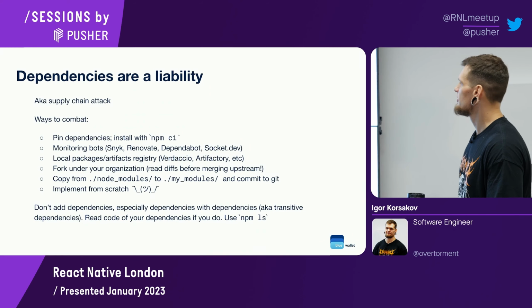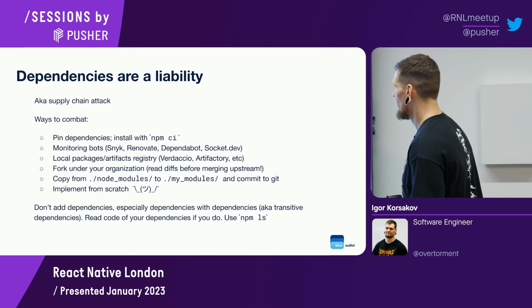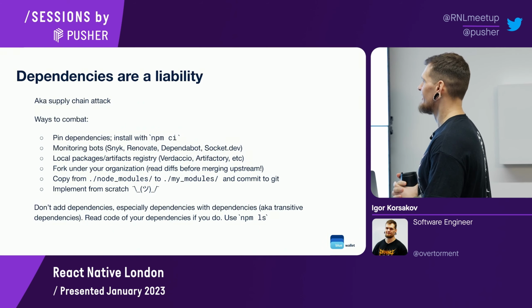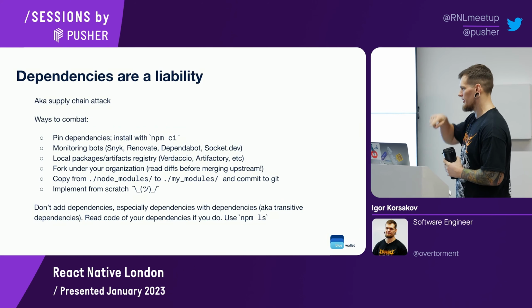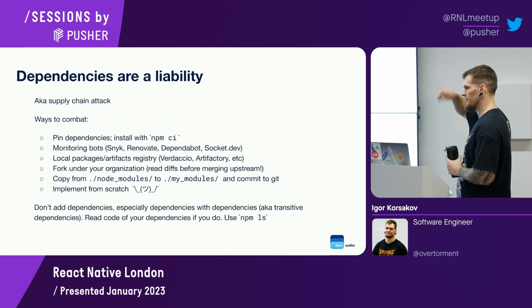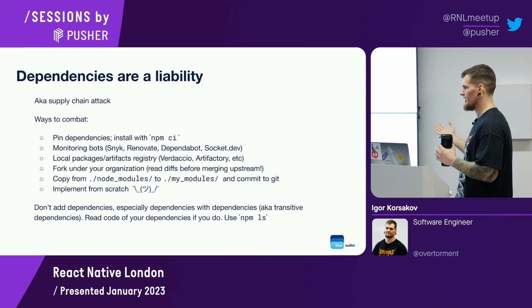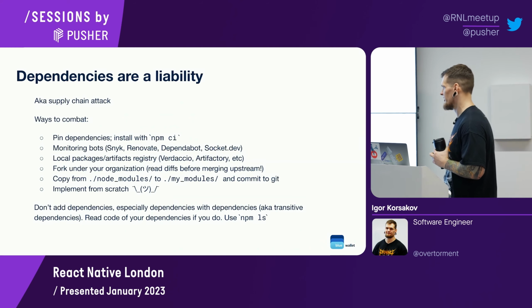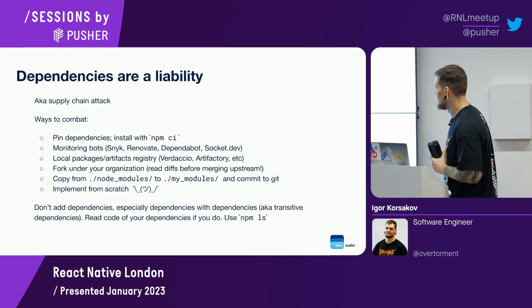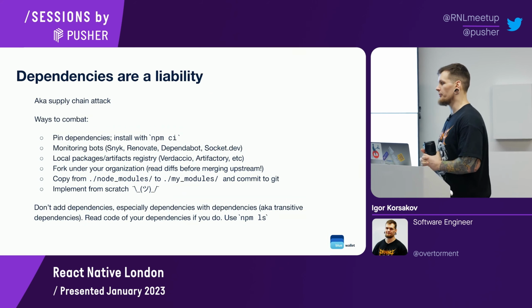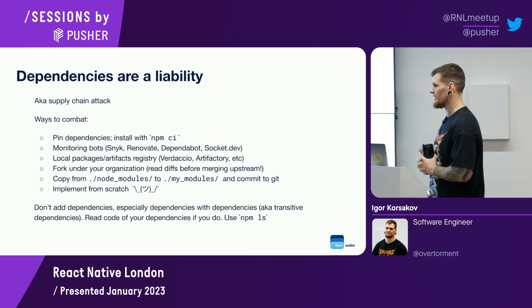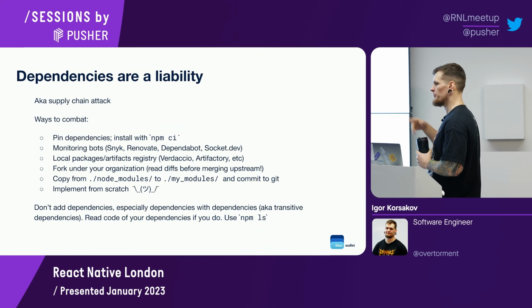So what are the ways to combat this? Well, the basics. You pin dependencies. You never use dependency with tilde or this arrow that says like let's go with random dependency that satisfies this. So you pin the dependency, and on your CI, the pipelines that build your application, you go with npm ci, which is kind of similar to npm install.